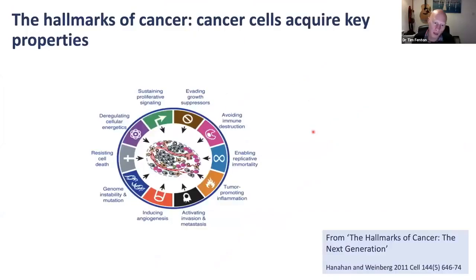And in the course of our decades of cancer research, it's been possible to define a number of key characteristics that cancer cells have acquired, that they need to acquire to keep surviving, that are not shared by normal cells. So key hallmarks of cancer, if you like, are the fact that these cancer cells sustain their proliferative signaling.